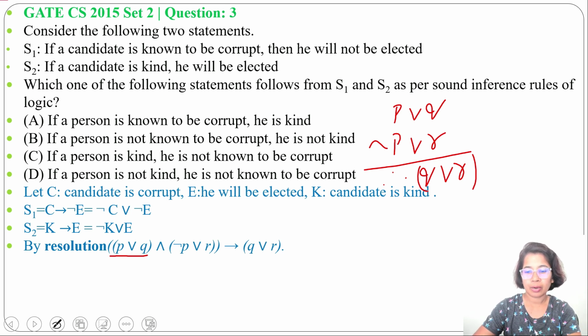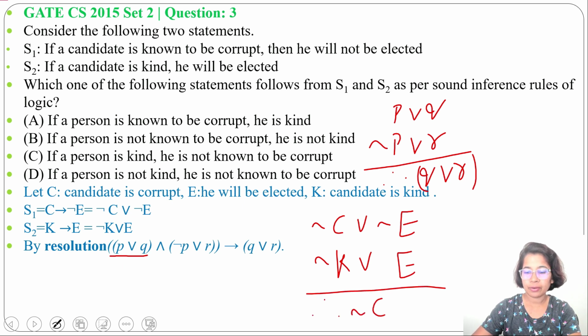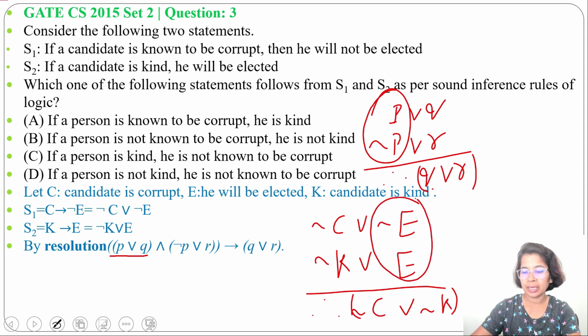And here we found negation C or negation E, and negation K or E. So from both we can conclude negation C or negation K. Here we mark P and negation P, so we are excluding these two, and the conclusion is Q or R. Here E and negation E will be excluded. The conclusion will be negation C or negation K according to resolution.